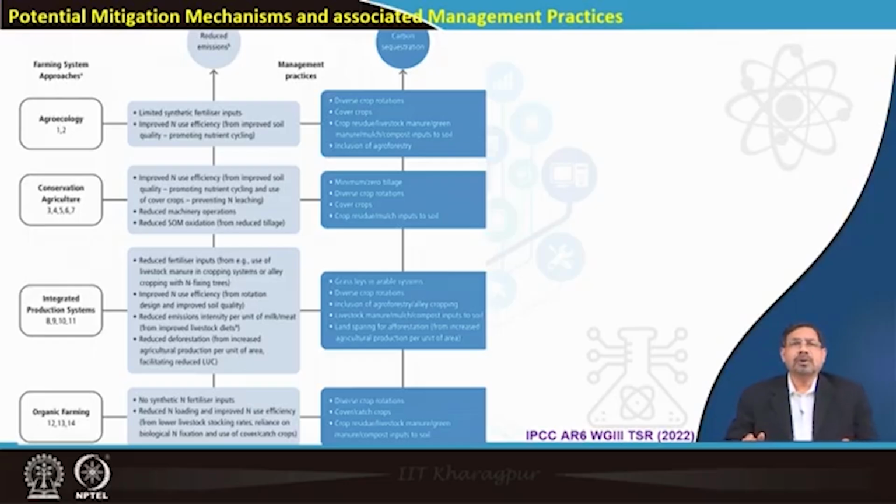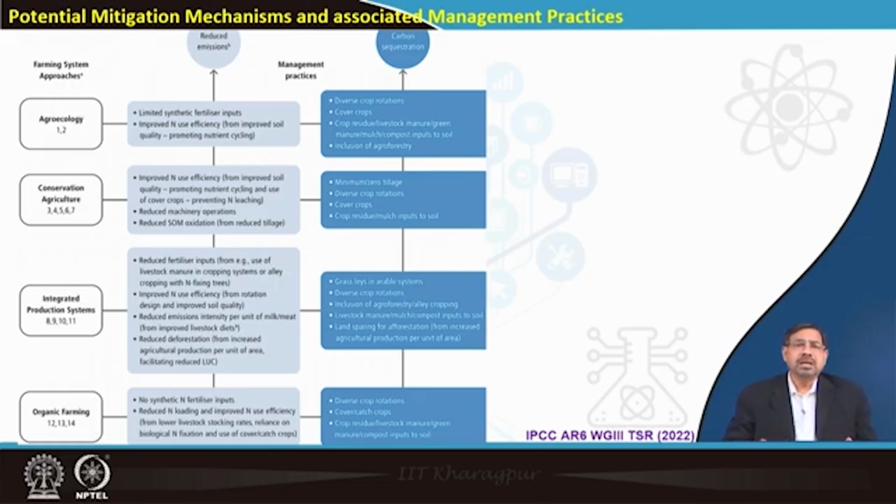So, let us talk about agroecology. Limited synthetic fertilizer inputs will contribute towards reduction in emission. In parallel, diverse crop rotation, cover crops, crop residues, livestock manure, green manure, mulch, compost inputs to soil and inclusion of agroforestry lead to higher carbon sequestration. Let us talk about the last one, organic farming.